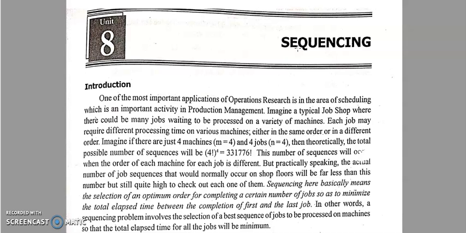The total time required to complete all the jobs on all the machines is very important. That is why one of the main areas in OR is the sequencing of jobs.